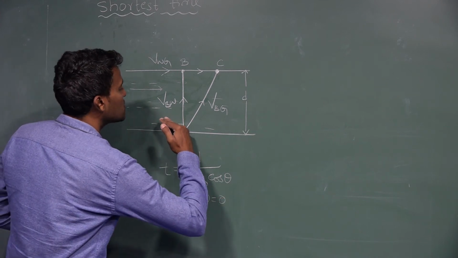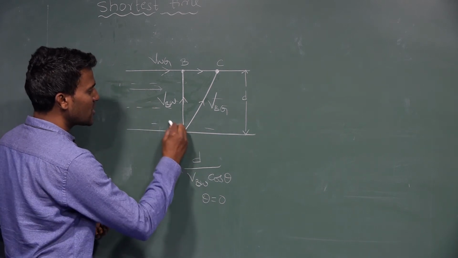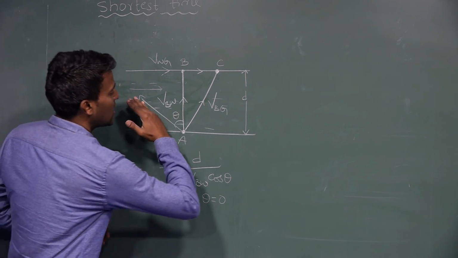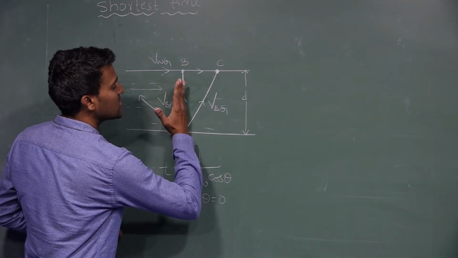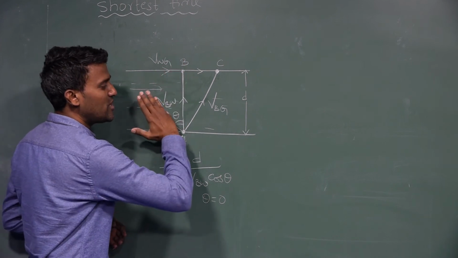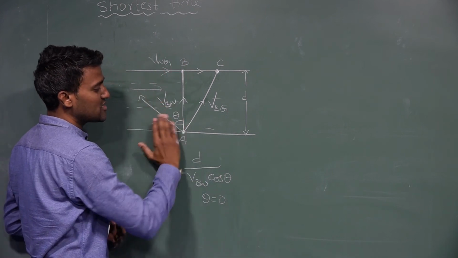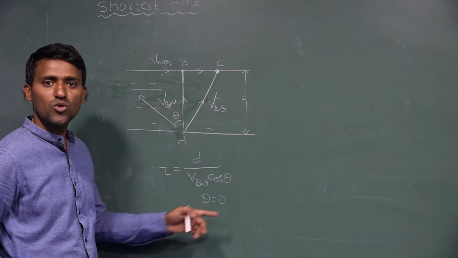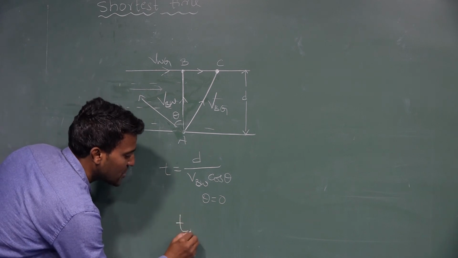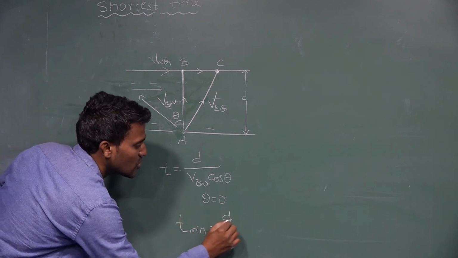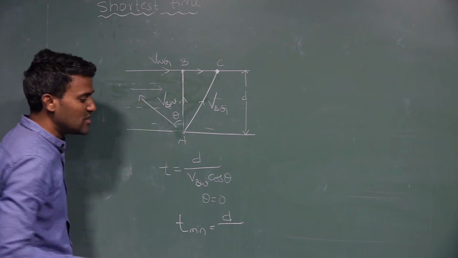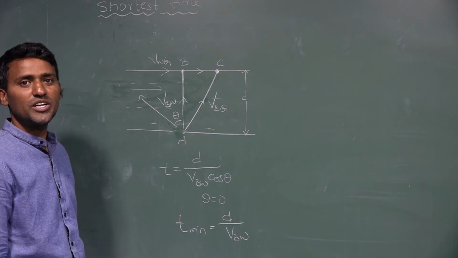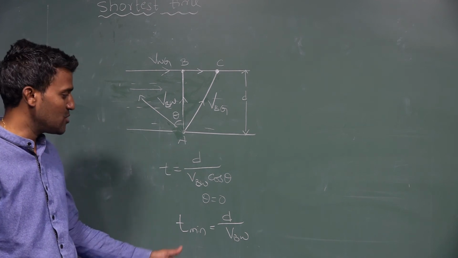Because if the boat is going along this direction, for your understanding I am writing, this is the angle theta we took. Now the boat is coming along this direction. Now what will theta be? If the boat comes along this path, at that moment theta is equal to 0. So the minimum time to cross the river is T minimum equal to D divided by VBW.